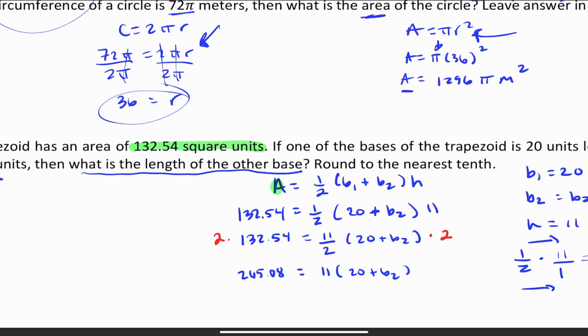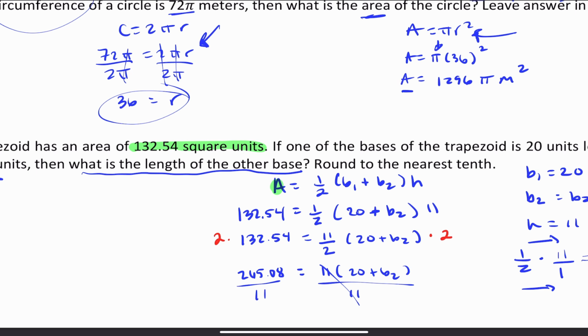You can, if you want, distribute the 11 to both of the terms here, or if you remember back in semester 1, I can treat this as 11x, right? So I can divide both sides by 11, which I'm going to do.